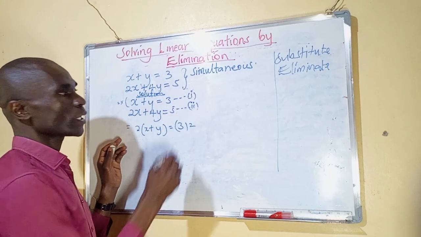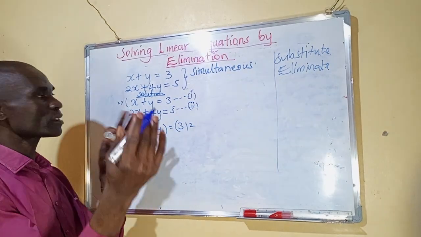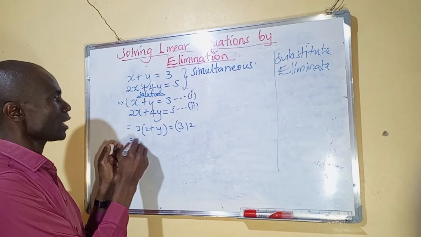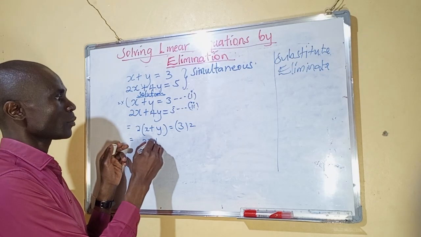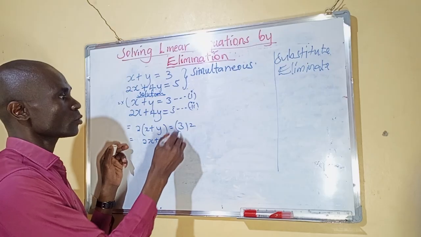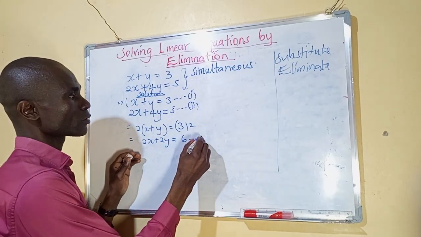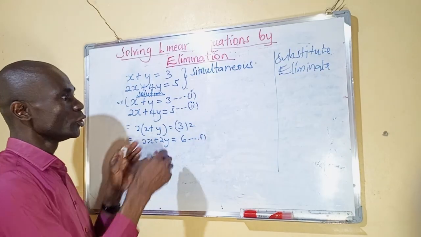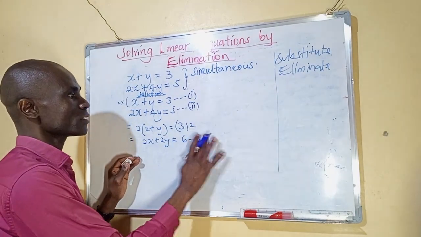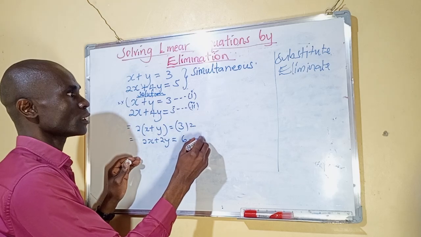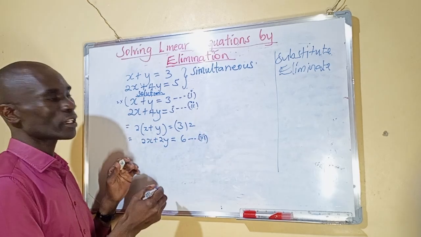Remember, we are also multiplying the right side by 2, because the equal sign means everything will change. So we shall have 2x plus 2y is equal to 6. That is our new equation 1, of course. Let's call it equation 3. This is our equation 3, the new one.